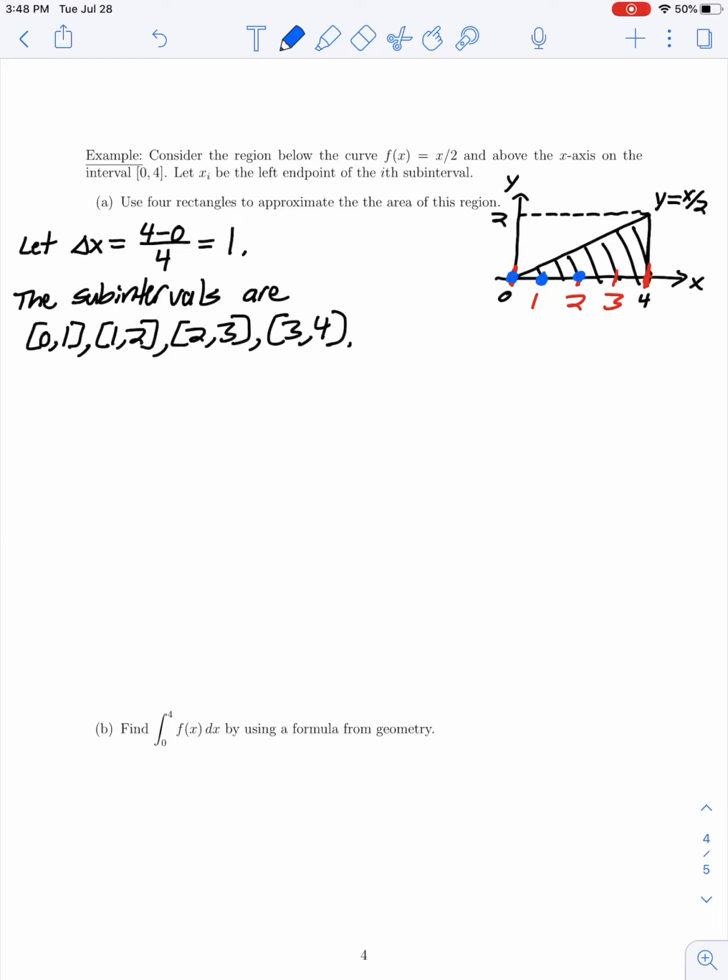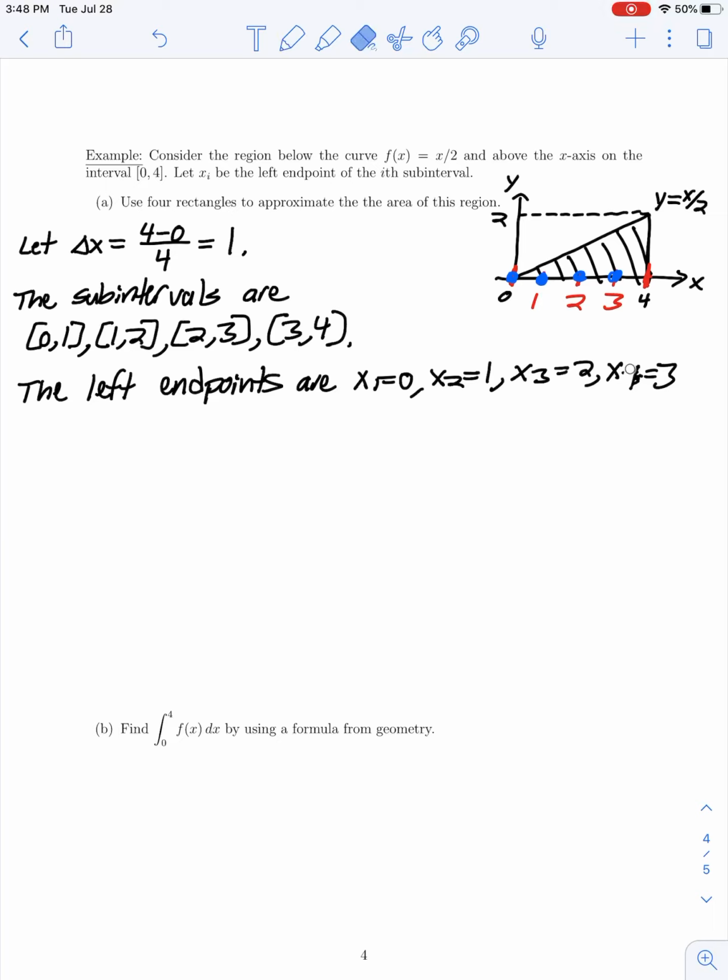So our left endpoints for these 4 rectangles are as follows. The first one, x1, would be 0, x2 is 1, x3 is 2, and x4 is 3.